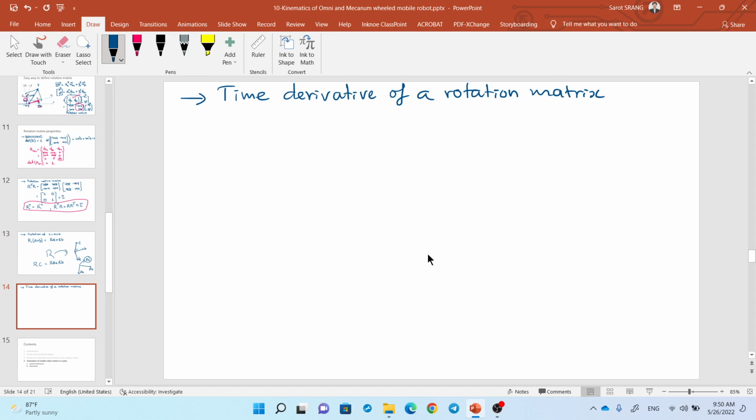And the next point, the time derivative of the rotation matrix. Can anybody give me an answer?